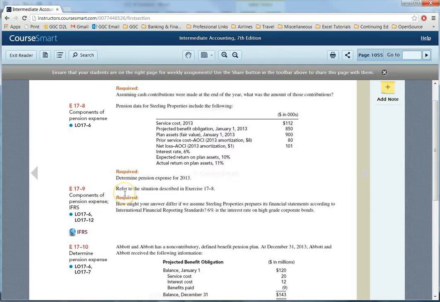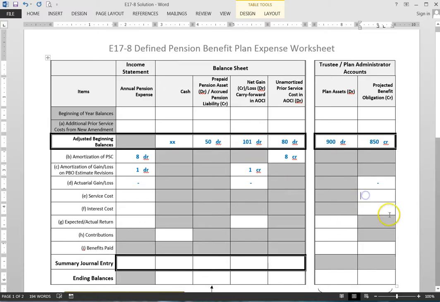Again, in this class, we're not going to get into all the actuarial issues, but we can see that service cost for the year is $112,000. So I need to add $112,000 to my projected benefit obligation.